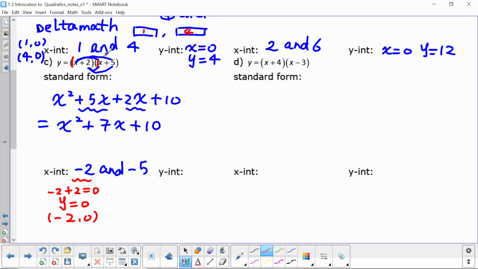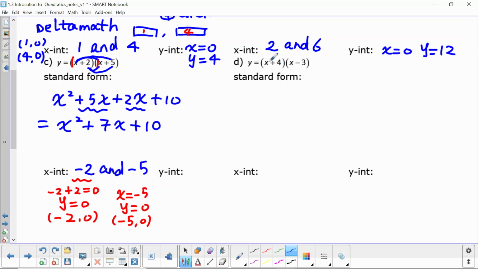You put negative 5 here. Negative 5 plus 5 is 0, so 0 times another bracket gives you y equals 0. So another point is x equals negative 5, you will have y equals 0. And this point is a point on the x-axis. So that's the reason it's opposite.